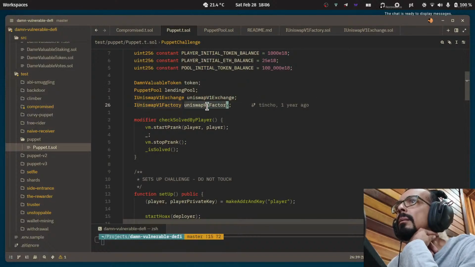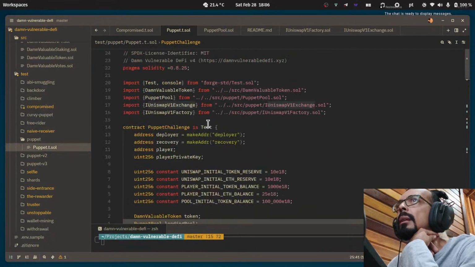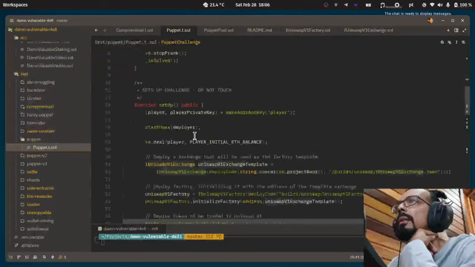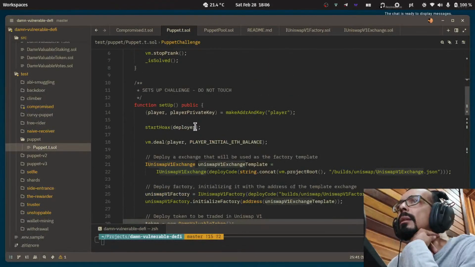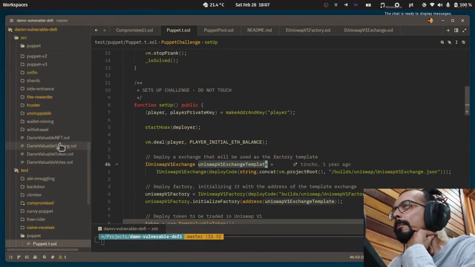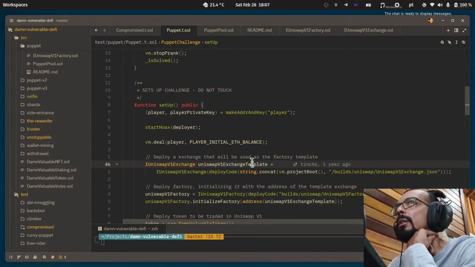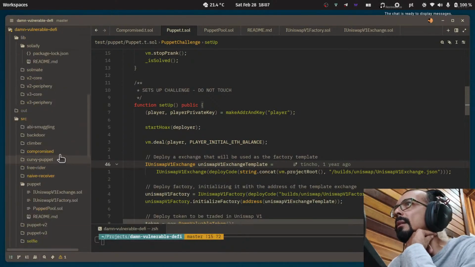Here they define, it's possible to define an interface now. Oh, I see what he's doing. So he's taking a build Uniswap folder with JSON because inside it has the deploy code. Oh, it means the bytecode for this exchange. Really, you're gonna need to see that?